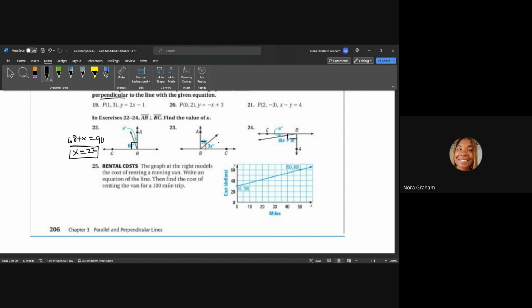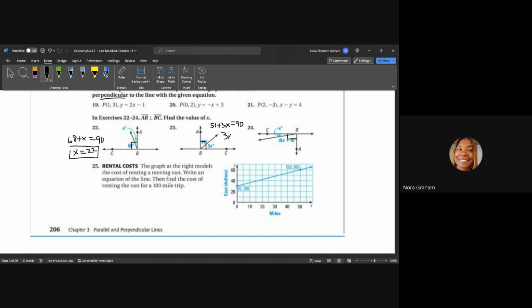23 again, these are both going to equal 90 degrees, so 51 plus 3x equals 90 degrees. I subtract that 51 from both sides.